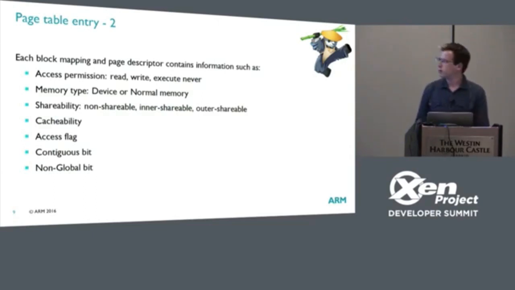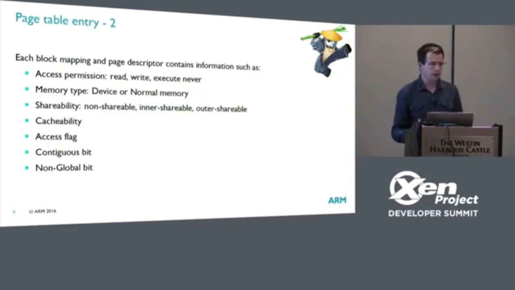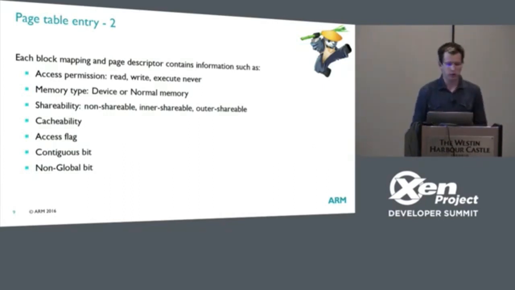Each block mapping, so the 1 GB mapping and 2 MB mapping, or page descriptor, the 4K, contains different information, for instance, the access permission. So if you want to let the guest or the user space access by read or write, or if you want to disable execution. It also specifies the different types of memory, for instance, device or normal memory. Device is for when you want to access memory related to a device, such as guest MMIO.